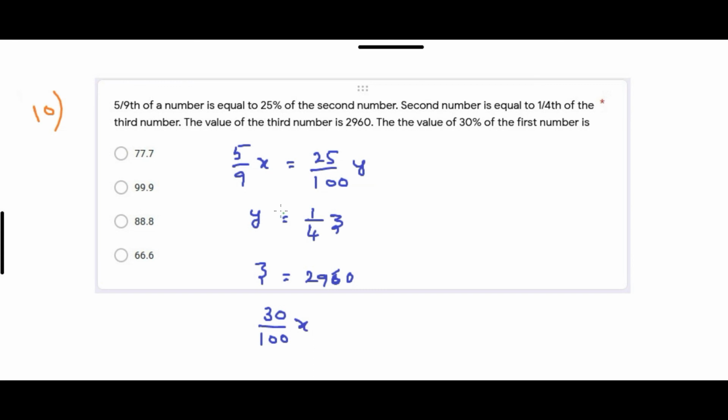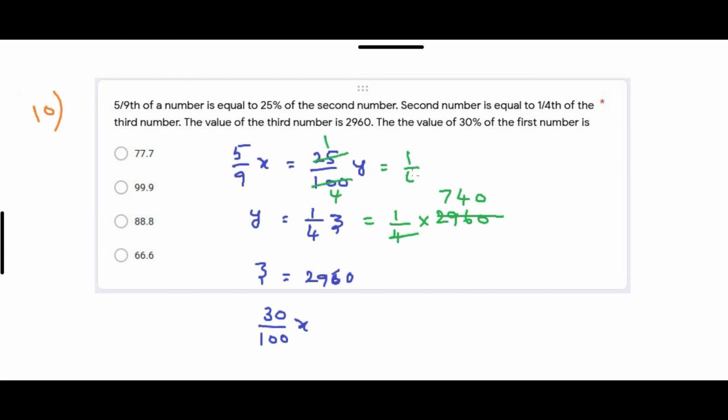So now let us see. z is equal to 2960, it has been given, so I can find y as 1 by 4 into 2960. 4 sevens are 28, 16, so 4 fours are, and 0, 740. So y is equal to 740, which is equal to, I can place y here, so this is also 1 by 4.